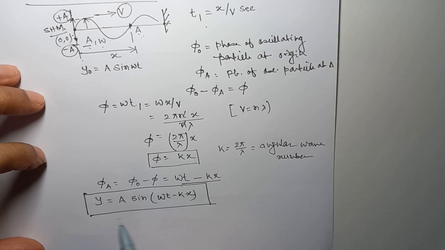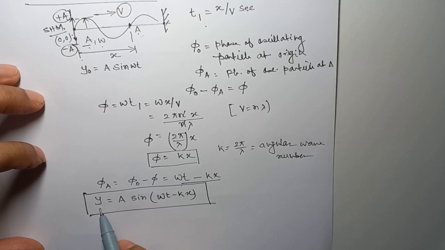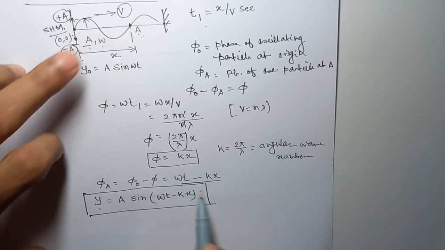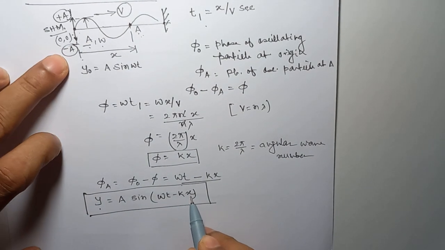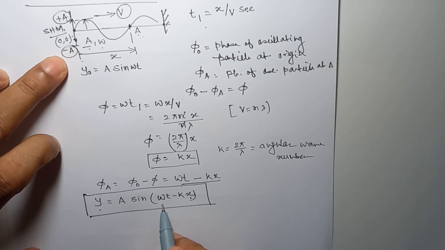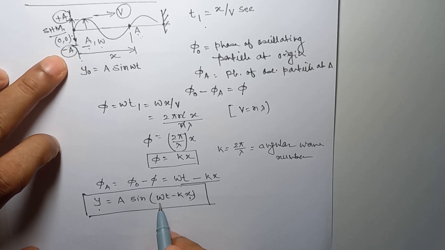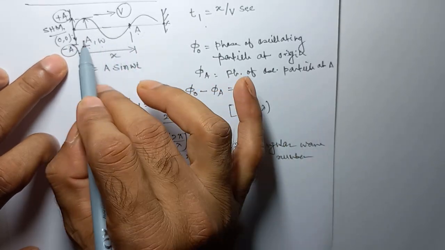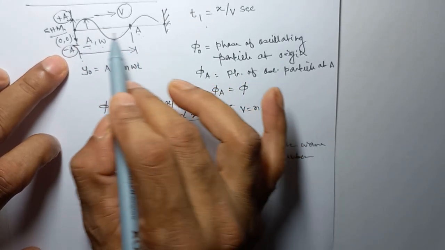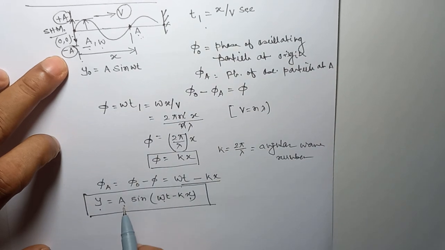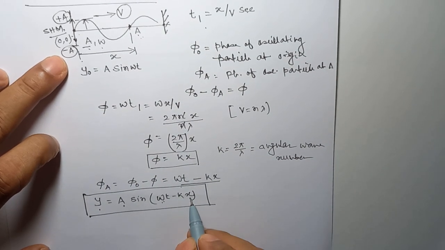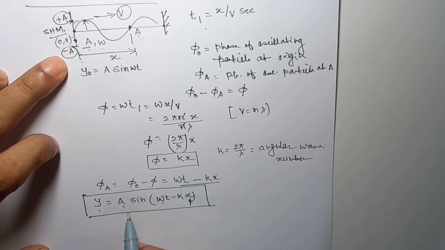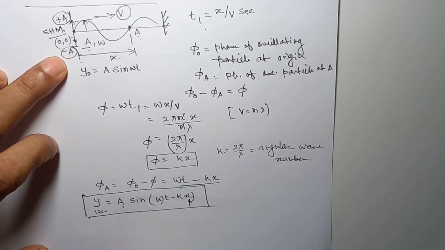This equation, y, shows the displacement of the particles which are oscillating about the mean position at point A, which is at a distance x from the origin. Omega is the angular frequency of the wave, and A and omega will remain constant throughout the propagation of the wave. So at any distance x from the origin, this equation gives the displacement of the oscillating particles.